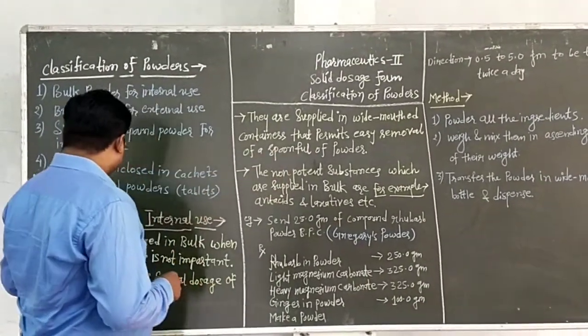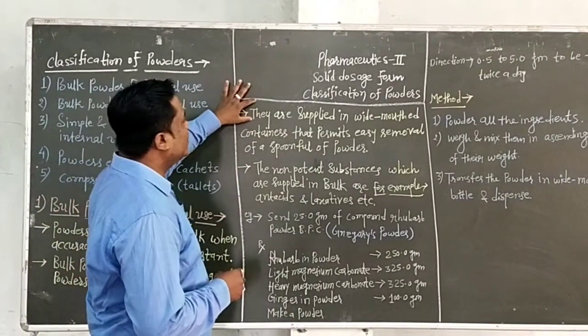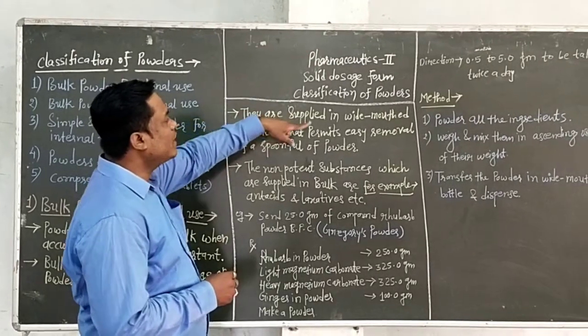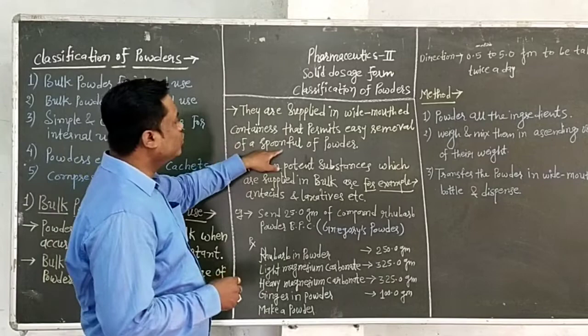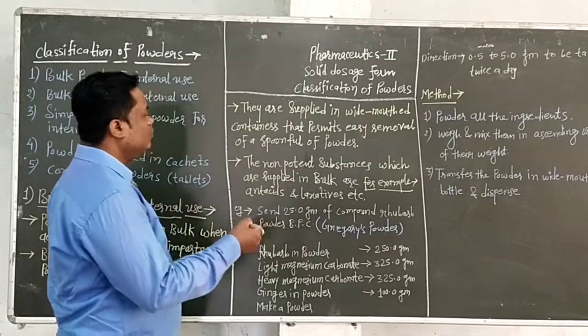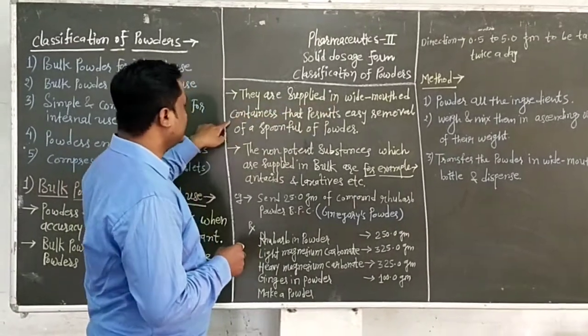Means the quantity of powder is large, therefore bulk powder for internal use is supplied in a wide mouth container, so it is easily removed with a spoon.